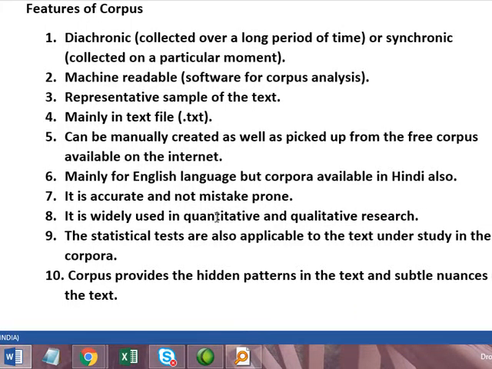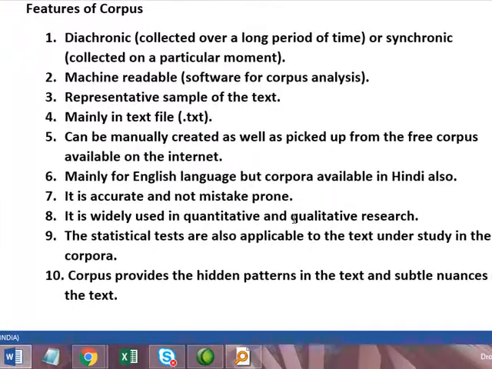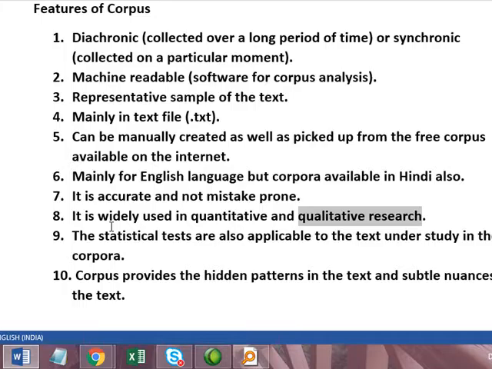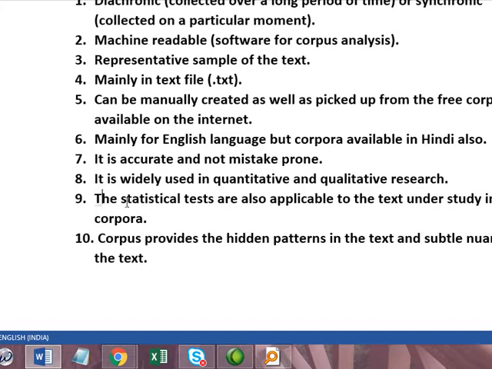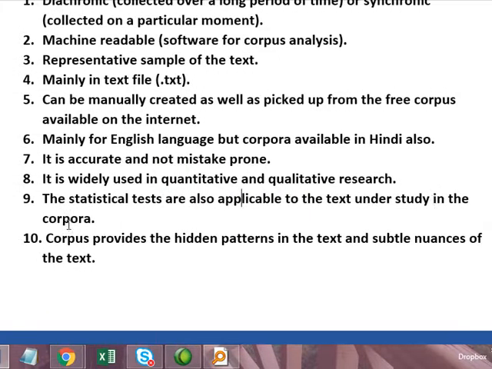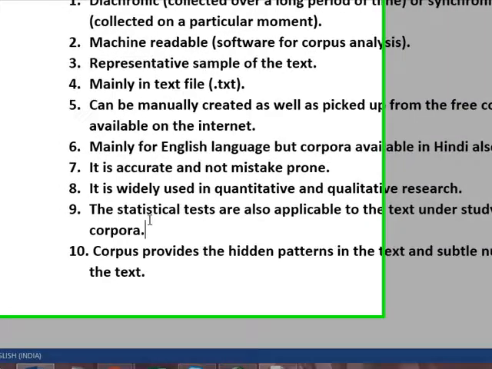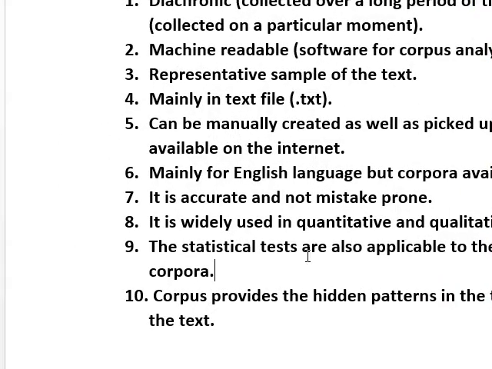Now the corpora, when analyzed, will give you quantitative information also, and when you analyze the text with the help of the software, it will give you the qualitative attributes also. And surprisingly, statistical tests are also applicable to the text under study in the corpora, because until now people believed that statistical tests can be applied only to numerical data, which is in quantitative form.